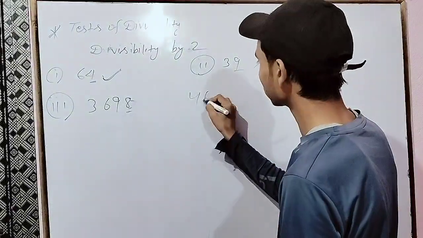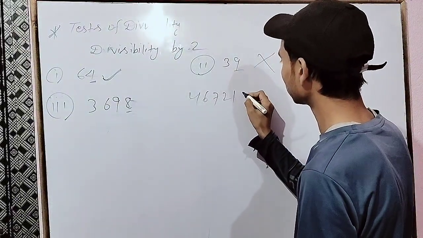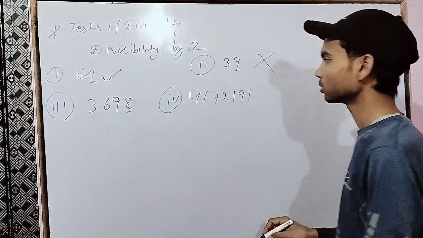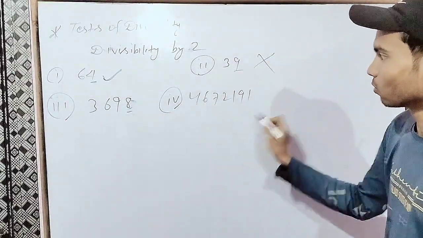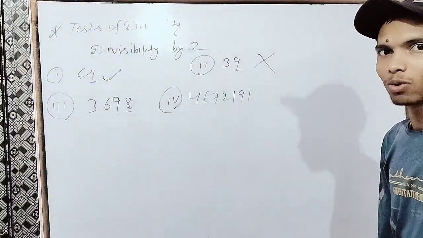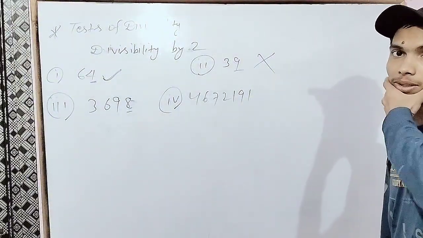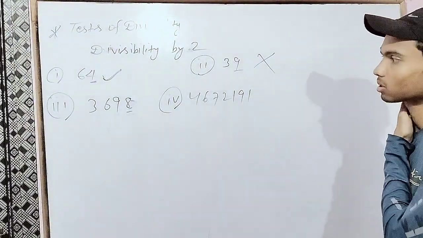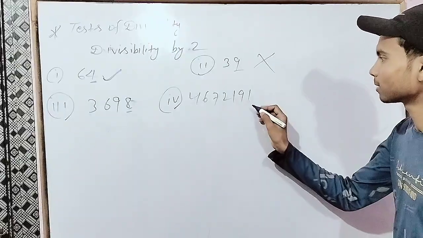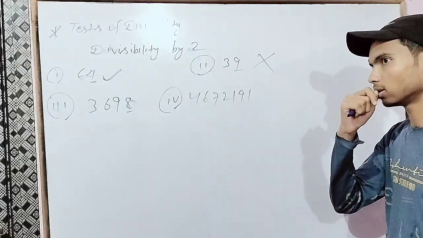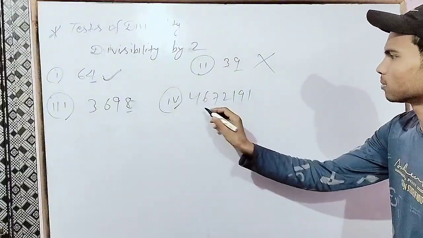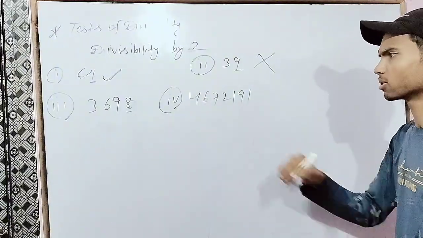What about 4, 6, 7, 2, 1, 9, 1? Someone asks you to tell whether this whole number is divisible by 2 or not. You would say no. And again, the person asks you how you would say that. You would say in front of the person that this is not divisible by 2.